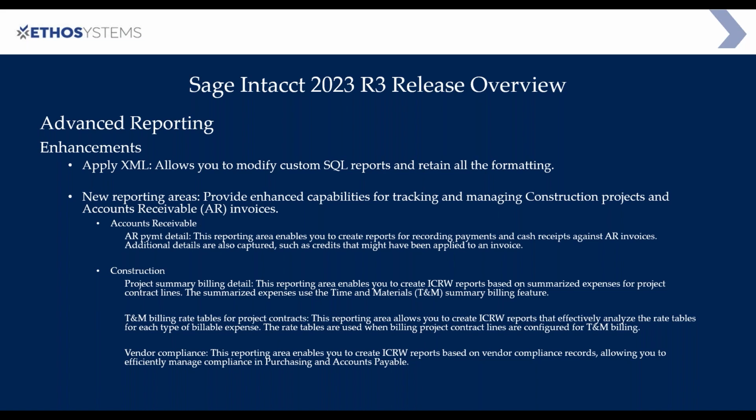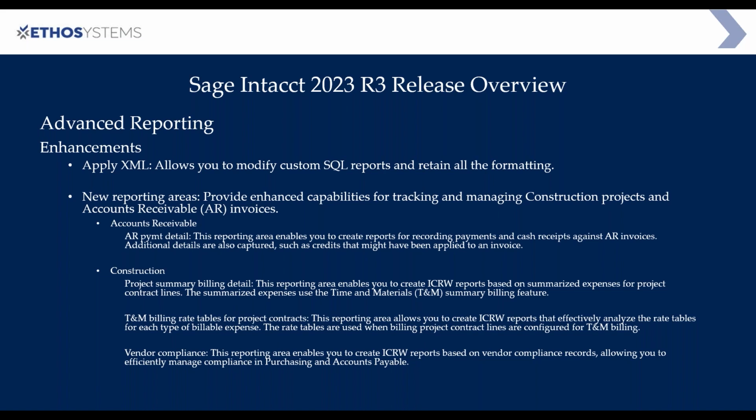And then within the construction reporting area, you can now look at the project summary billing detail. So this is additional information in the time and material billings within Sage Intacct. You can now also pull information from the rate tables. So this is the time and material billing rate tables within Sage Intacct.